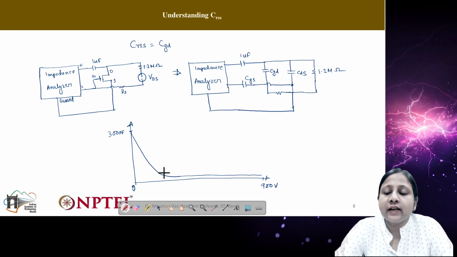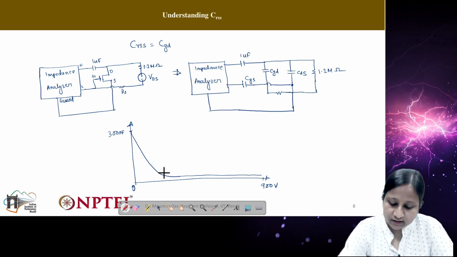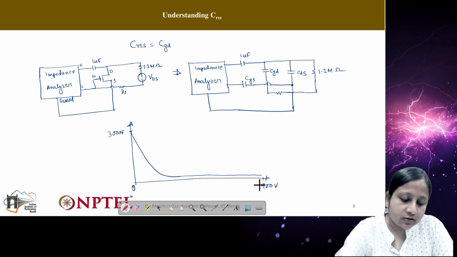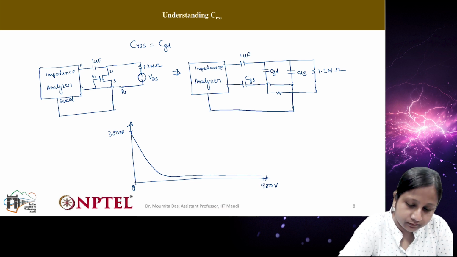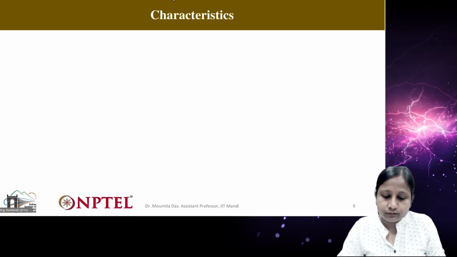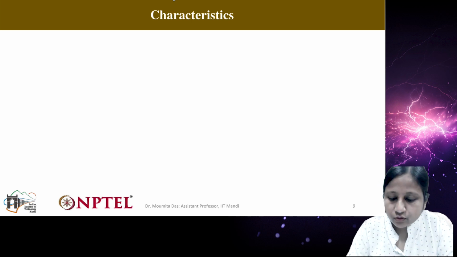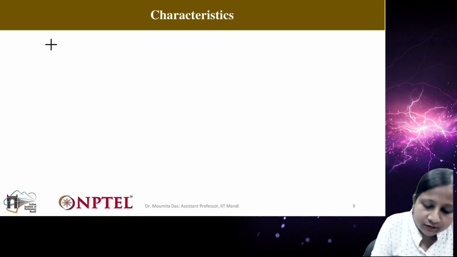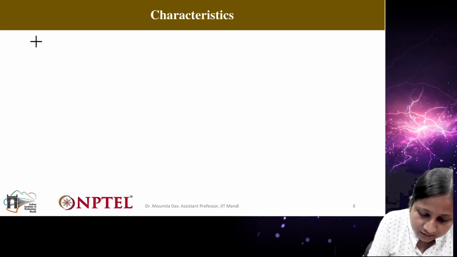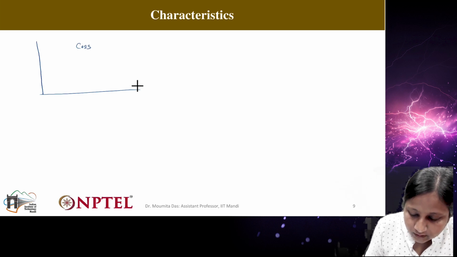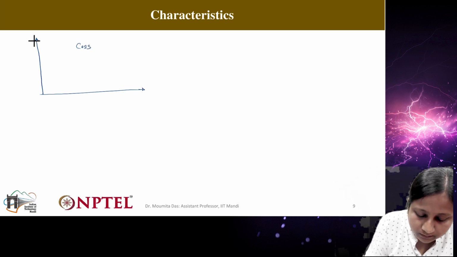So these are the three different capacitances which you get to see in the data sheet, and you need this in order to understand the different parasitic capacitances of the device. So now you know the different characteristics. If I try to draw the different characteristics here, you can see with respect to COSS, the voltage level will be minimum to maximum.